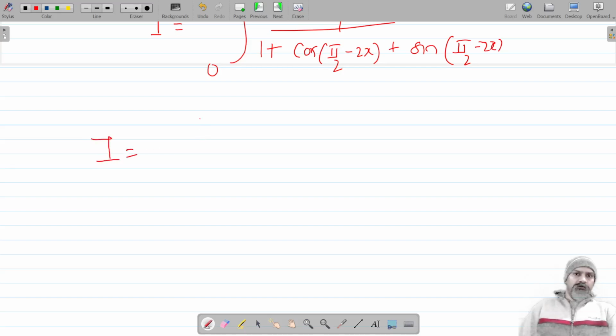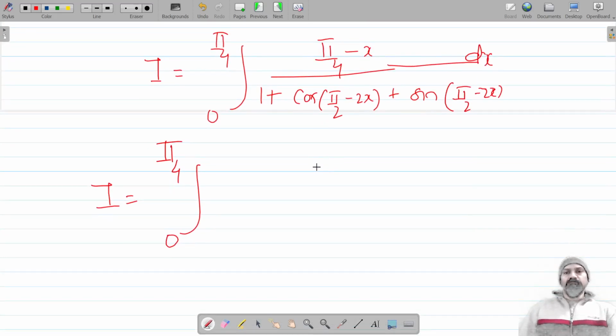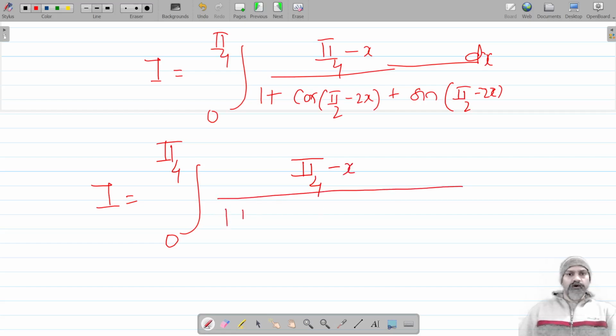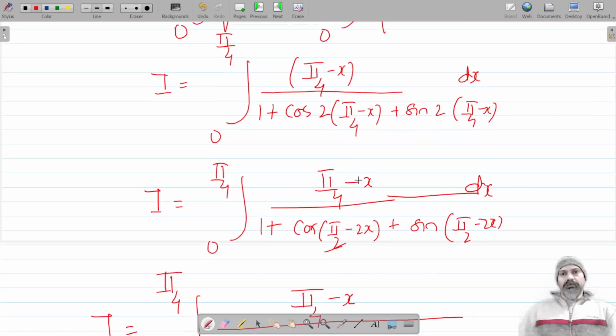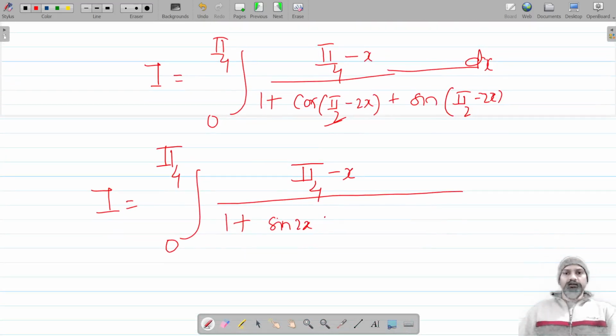Now I is equal to the integral from 0 to pi by 4 of pi by 4 minus x upon 1 plus, now 90 means change, so this is in the first quadrant, sine of 2x plus cos of 2x.